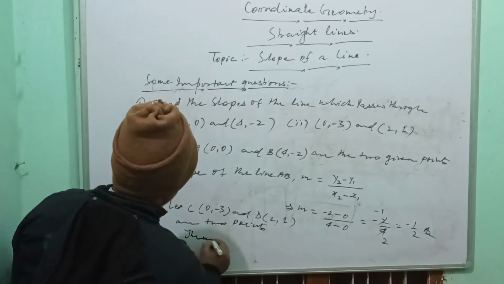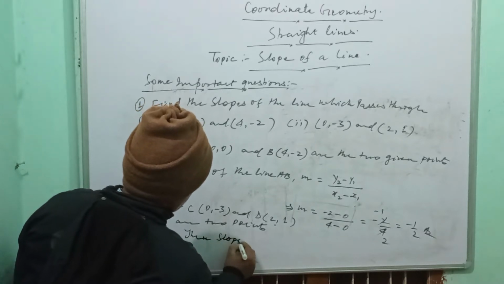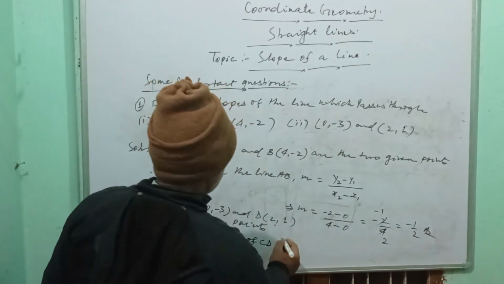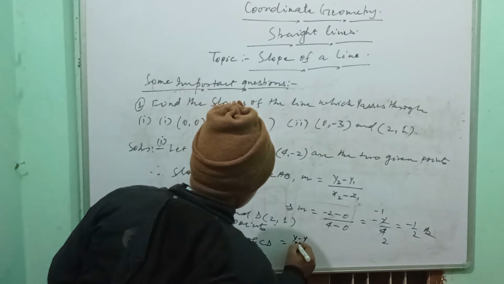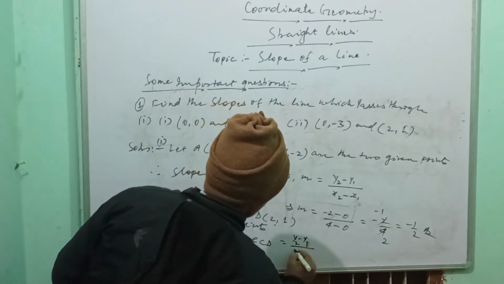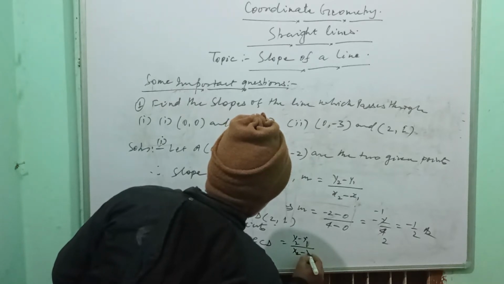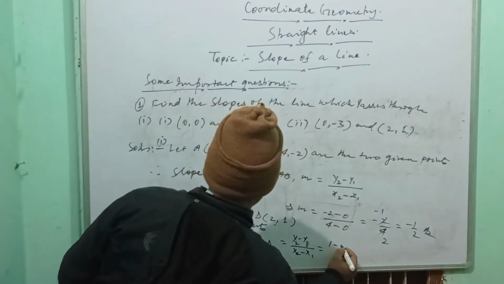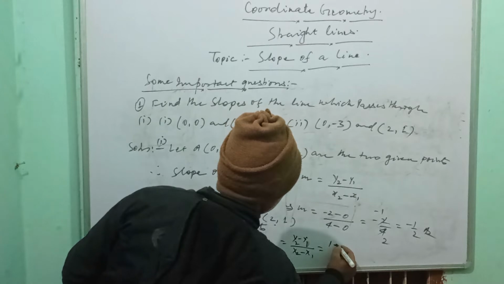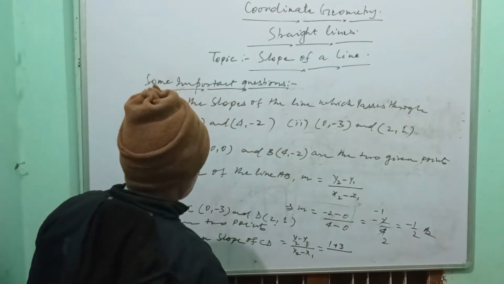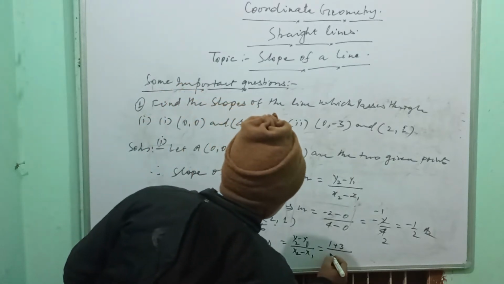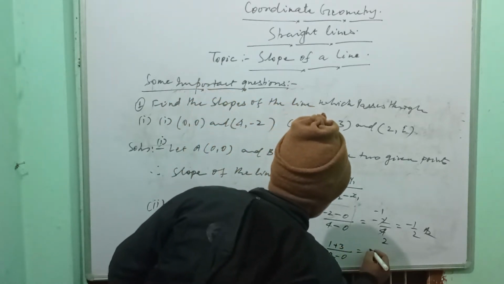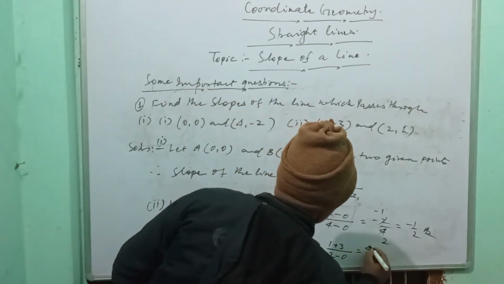Then slope of CD is equal to y2 minus y1 by x2 minus x1, which is equal to 1 minus (-3), that is 1 plus 3, and x2 minus x1 means 2 minus 0, which is equal to 4 by 2.